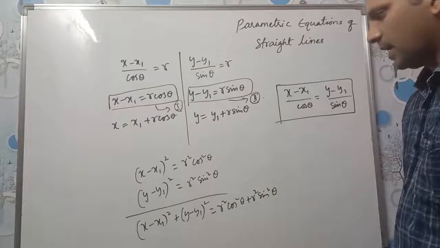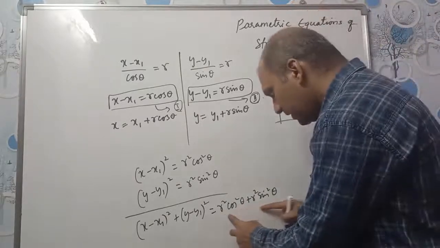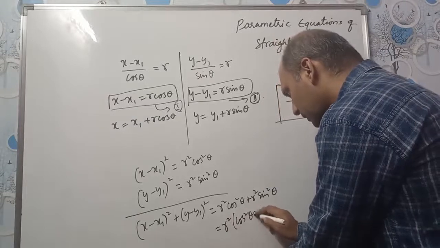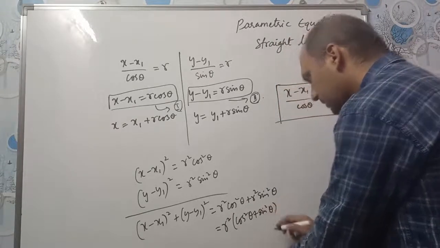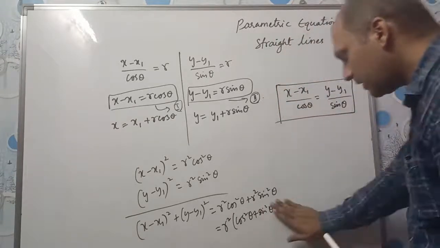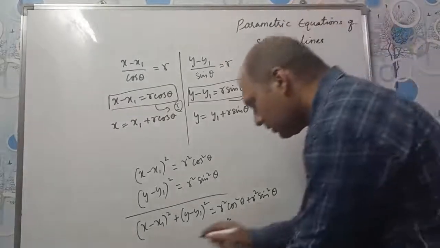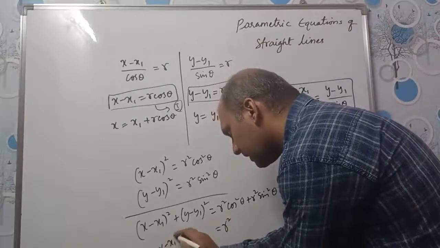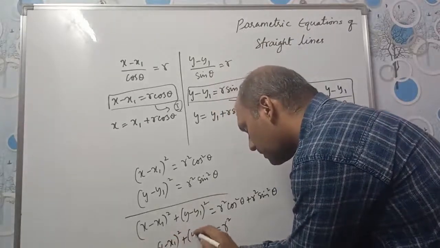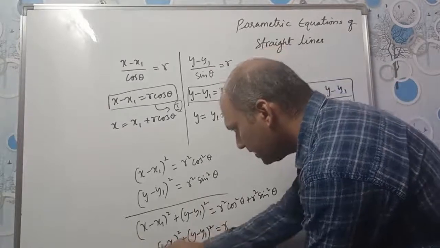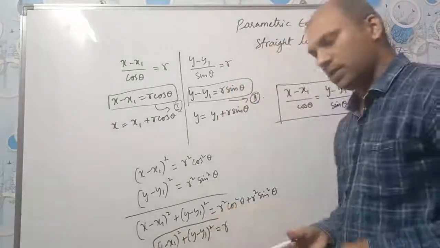Now can we take r square common? Yes. So r square into cos square theta plus sin square theta, which is equal to 1, so r square. So here we have x minus x1 whole square plus y minus y1 whole square, and this square goes to the other side and becomes root.